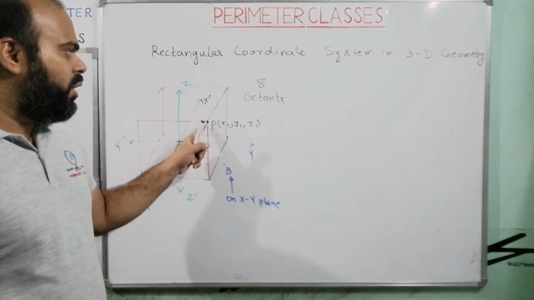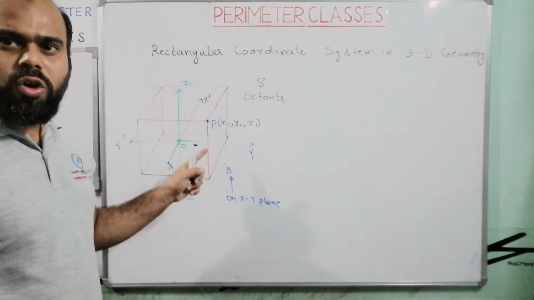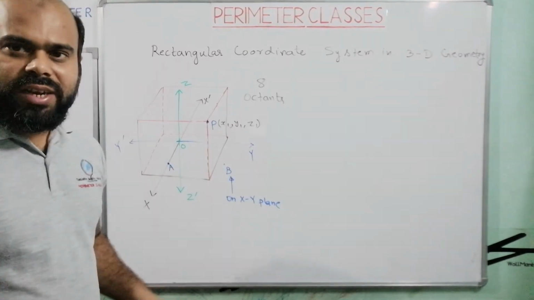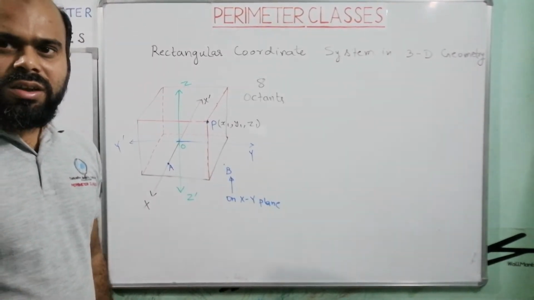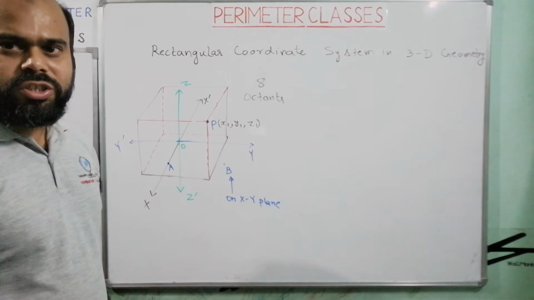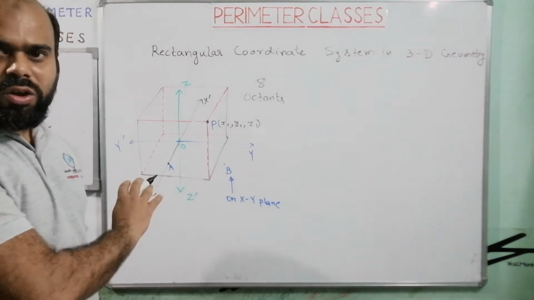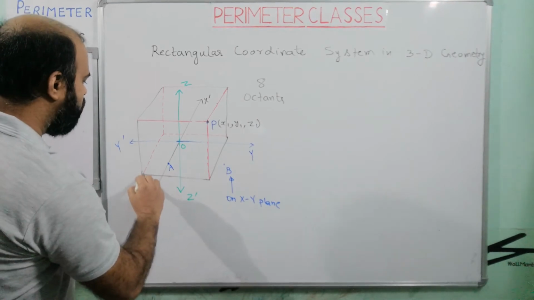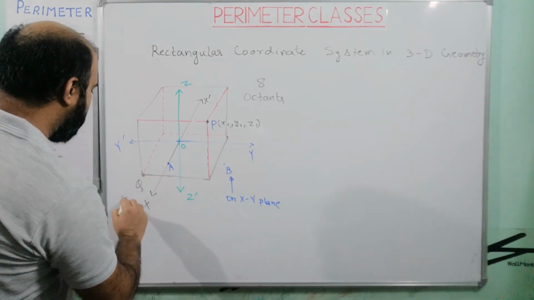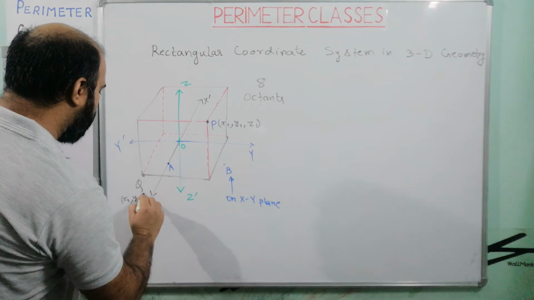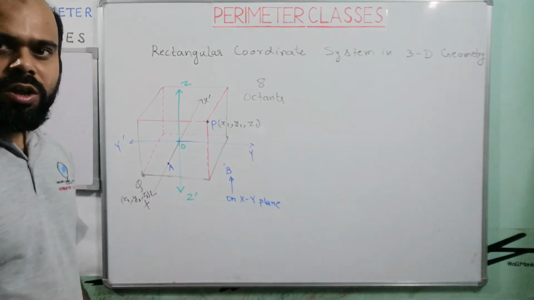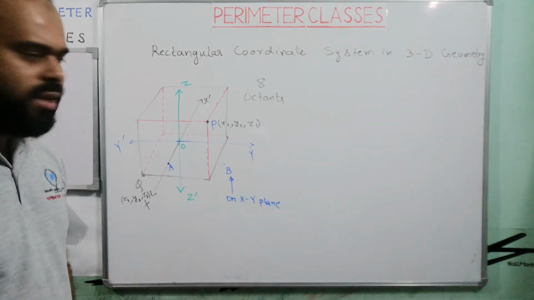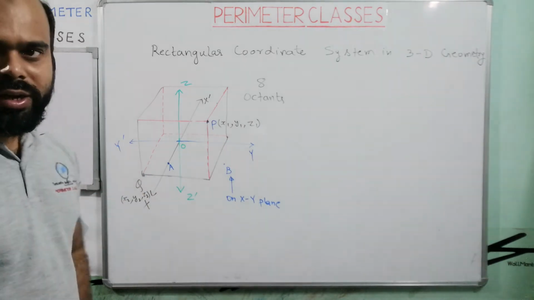Similarly, if a perpendicular from point P is dropped on the y-axis, it will intersect at the point whose distance from the origin is y1. Similarly, on the z-axis, it is z1. There is another point, this is point Q. Suppose it has coordinates x2, y2, z2. Now you have to find the distance between the point P and the point Q.